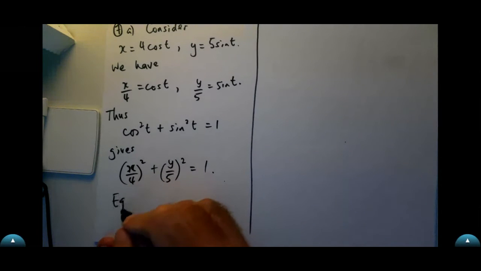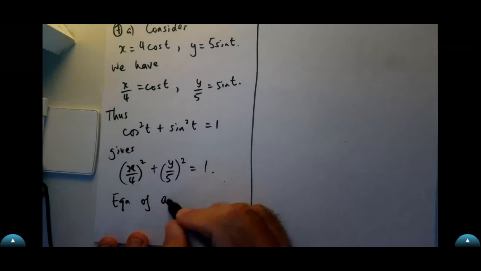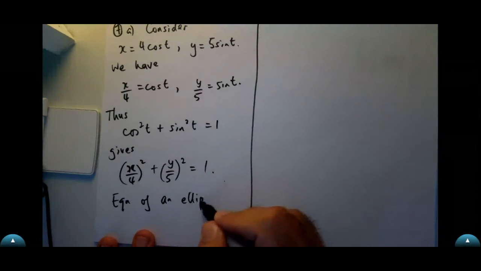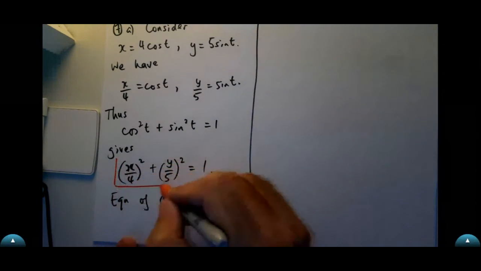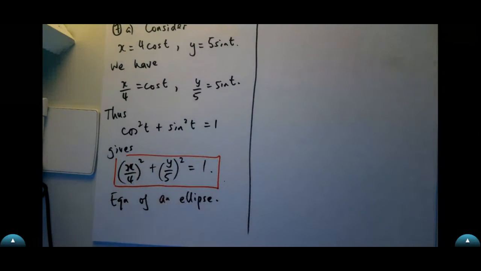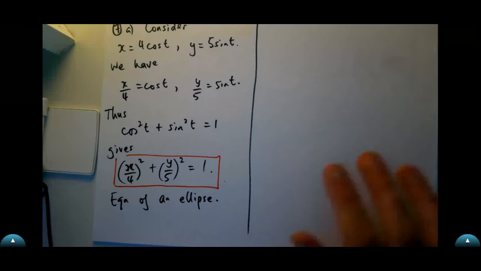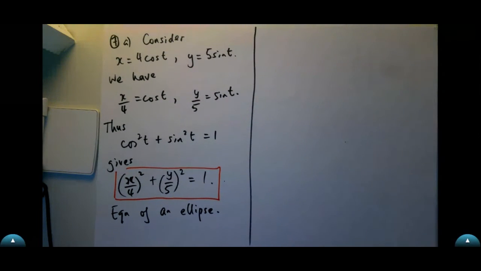Okay, so this is the equation of an ellipse. So you can see in this final version here, we've eliminated the parameter t.